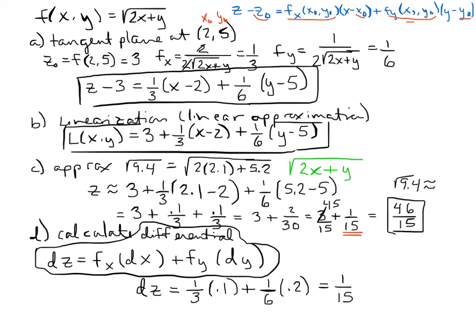The reason is that we find the tangent plane from a certain point, and what we're looking for is a point different from that. If we can pick a point that is close, notice how 2.1 and 5.2 is close to 2 and 5, then we get a fairly accurate approximation.